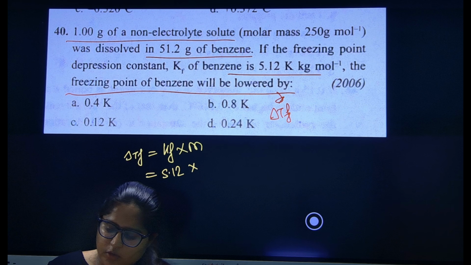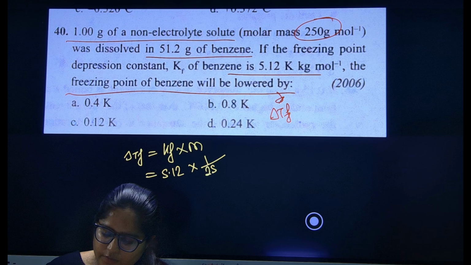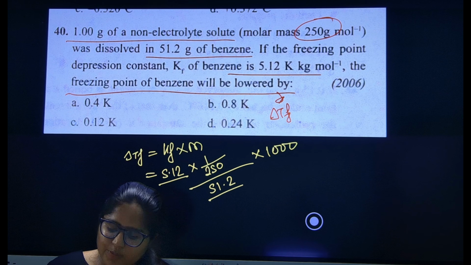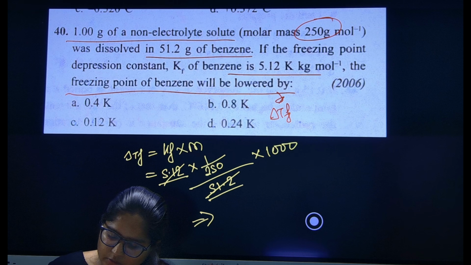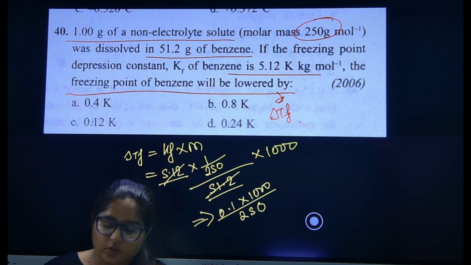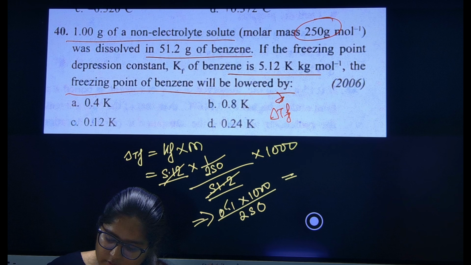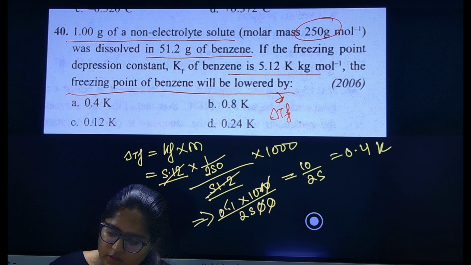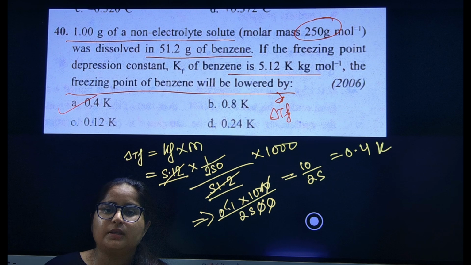Non-electrolyte solute molar mass also given 250. So given mass by molar mass 250 divided by mass of solvent 51.2 into 1000. See 5.12, 51.2, easy calculation they have given. After calculating this we can reduce, we'll get 0.1 into 1000 by 250. So here 0 gone. So 10 by 25 I am getting, that is 0.4 Kelvin. So which option? Option number A will be the right answer.